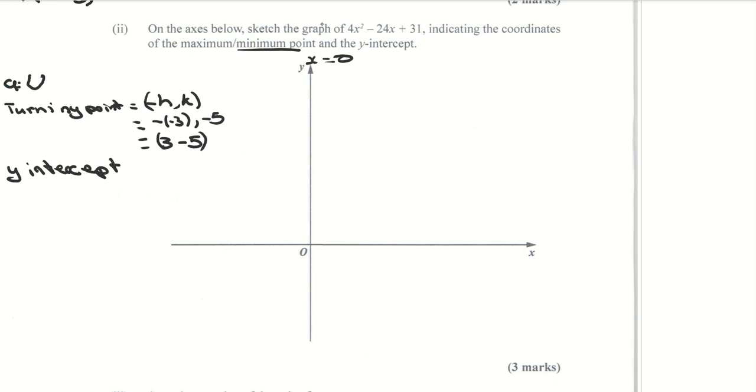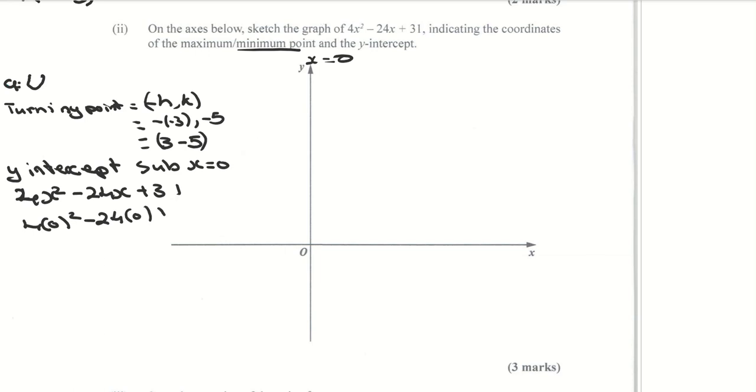So for your y-intercept, you're going to substitute x equals 0 into the quadratic, which is 4x squared minus 24x plus 31, which is 4 by 0 squared minus 24 by 0 plus 31. So we know that my y-intercept, or y, is equal to 31 when x is equal to 0.